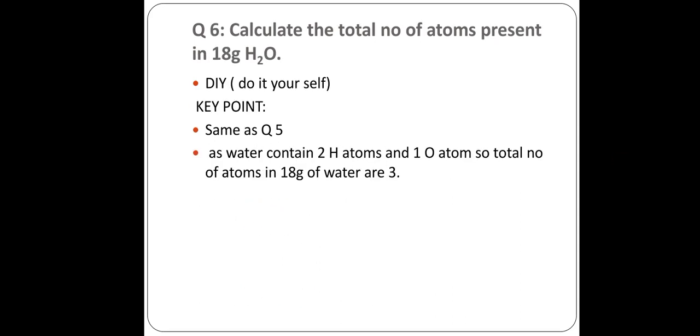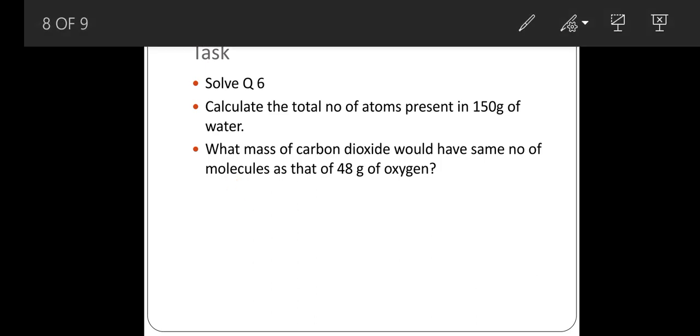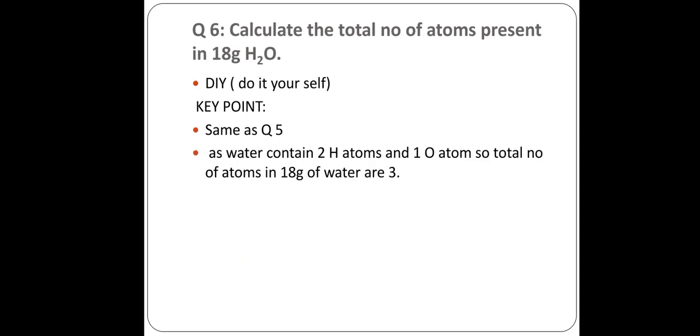Question number 6 is the same as question number 5. You have to do it yourself, DIY. And the key point is the same as question number 5. Water contains 2 hydrogen atoms and 1 oxygen atom. What is question number 6 first? Calculate the total number of atoms present in 18 gram of H2O.